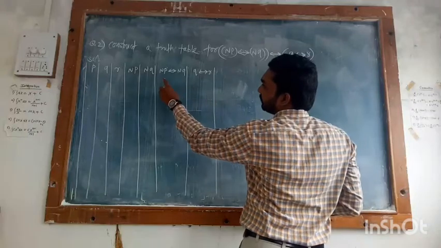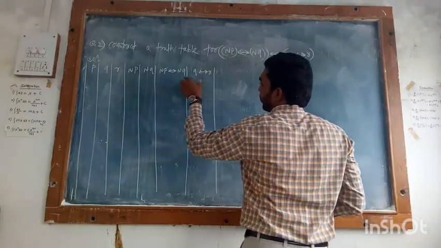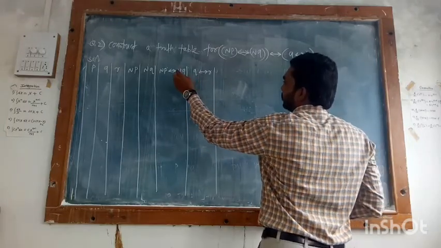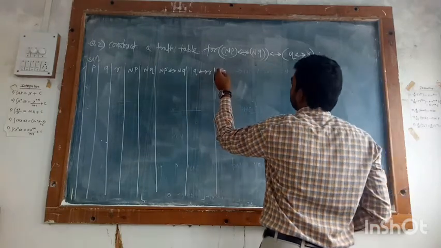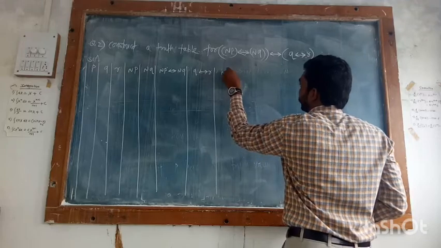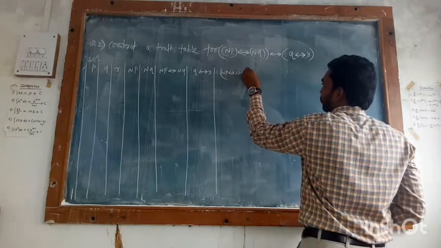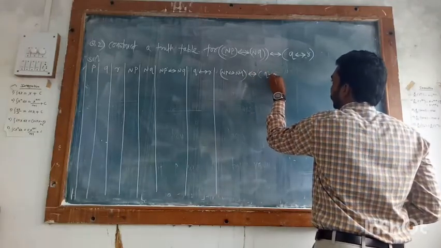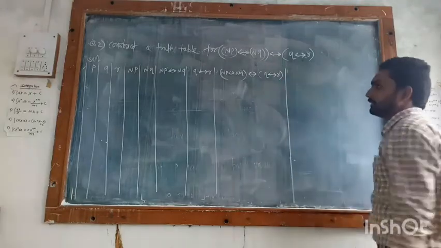That is column number 2, 3, 4, 5, 6 and 7. We have to take the last column for columns 5 and 6 as a biconditional. That is your negation P if and only if negation Q, again if and only if Q if and only if R. This is your last column. Okay.